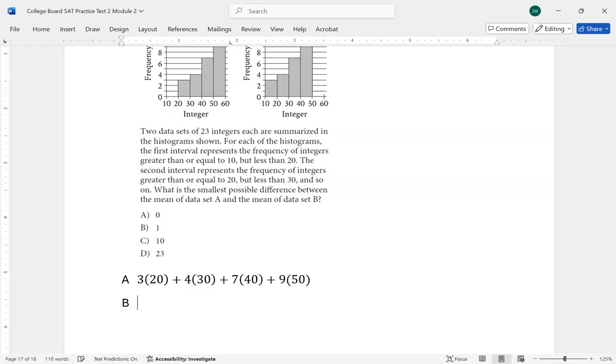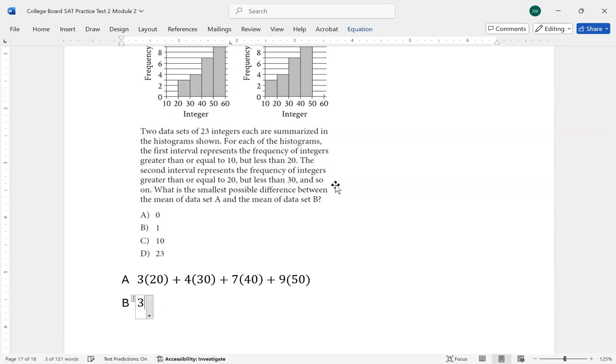And if we were looking for the smallest difference, we could say, what if all of the numbers were sort of at the maximum value over here? The maximum integer that's between 10 and 20, in other words, that's less than 20, is 19.